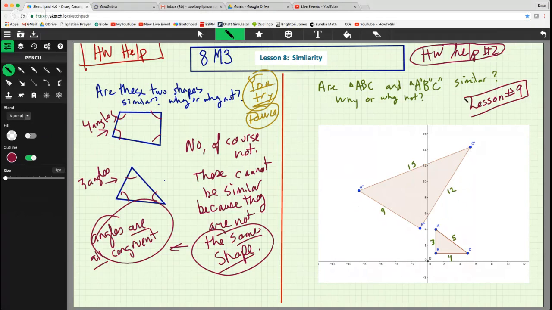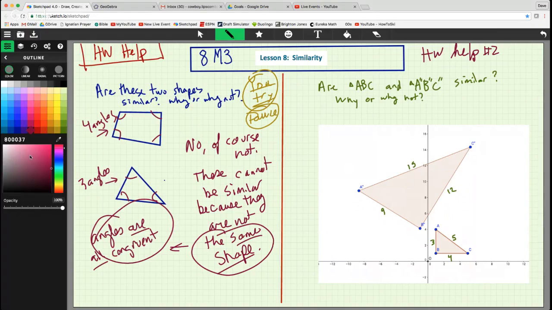So we don't have lesson number 9 yet. And so you're going to learn the shortcut in 9 to figure out how to know that these two triangles are similar. Now, I want you to think about it, and I want you to pause and think. Pause, think, and try.